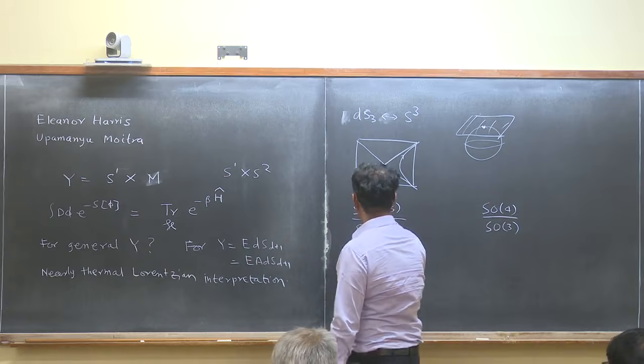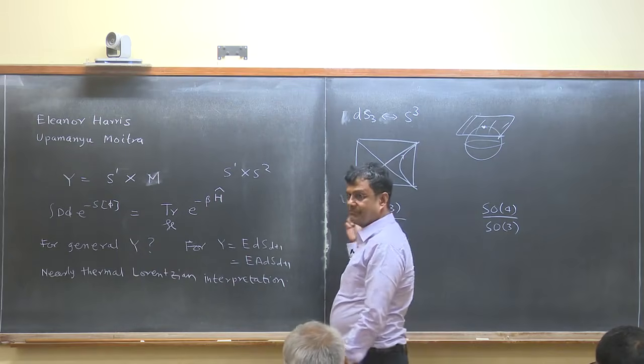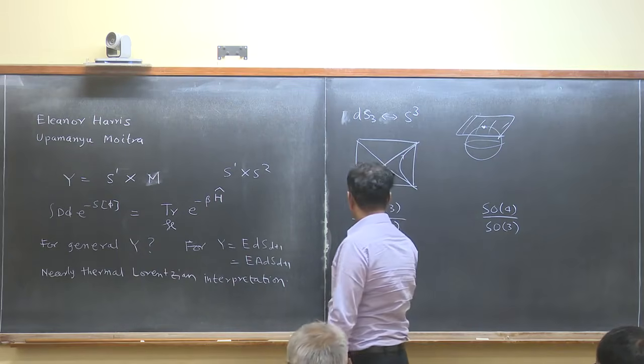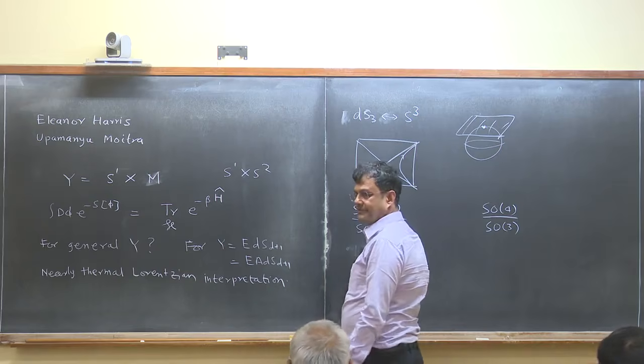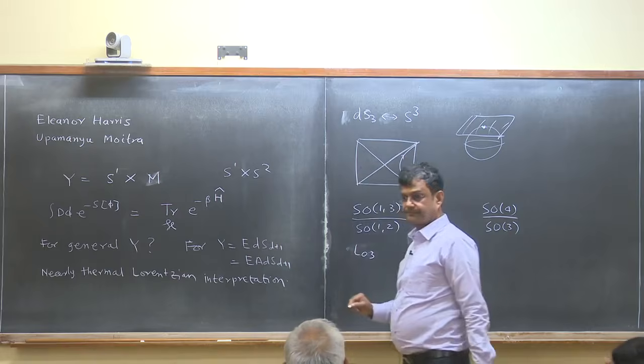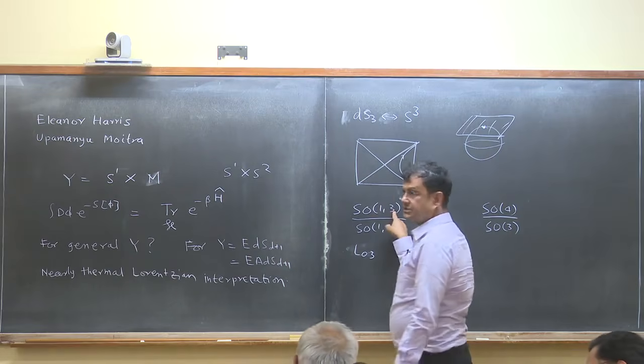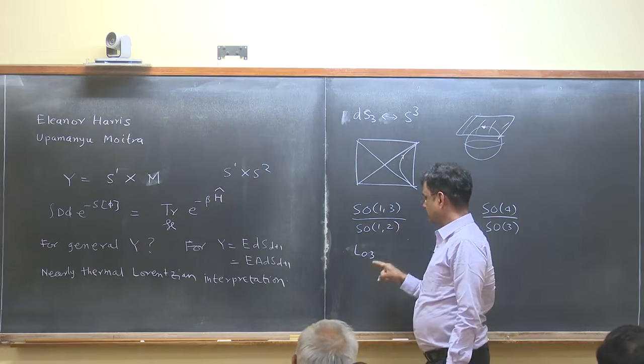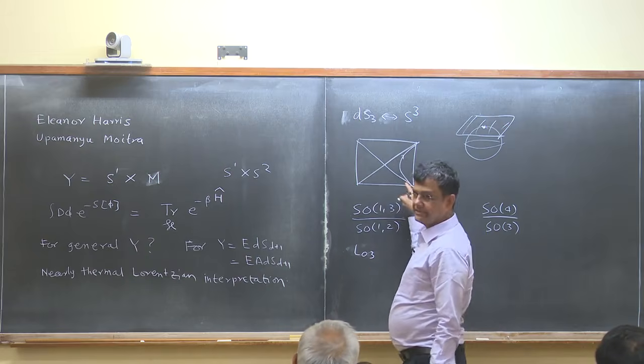You can embed this in some Lorentzian space-time, putting one negative and so on, so you have a signature minus plus plus. So L03 you can identify with this generator.